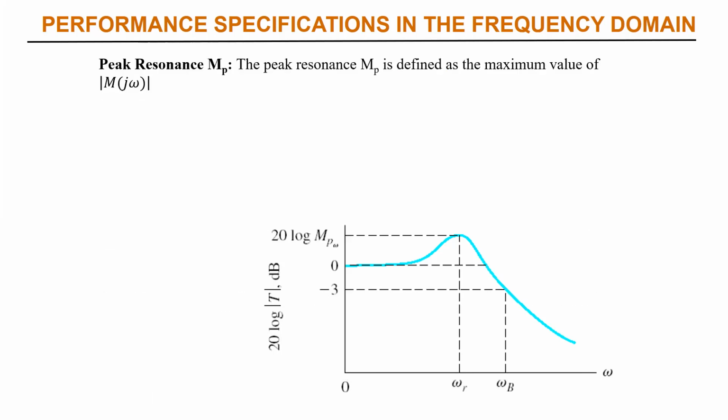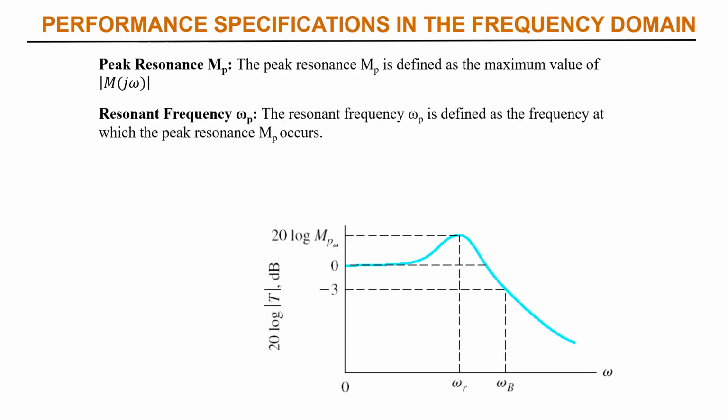So in here, we define the resonance as the maximum value of the magnitude. We will also define omega r or omega p, where the maximum peak is reached.